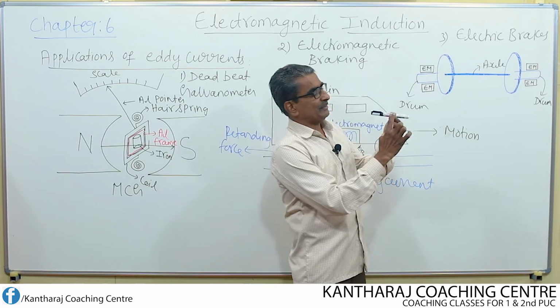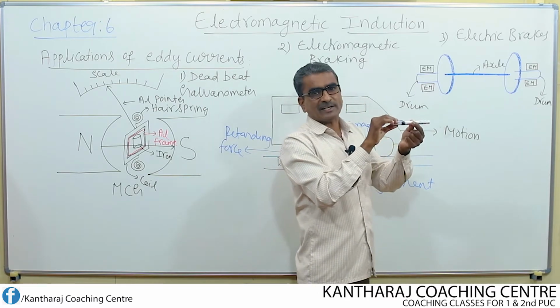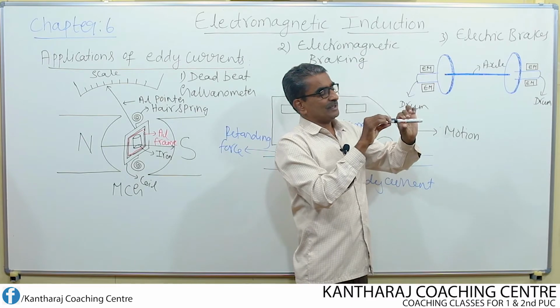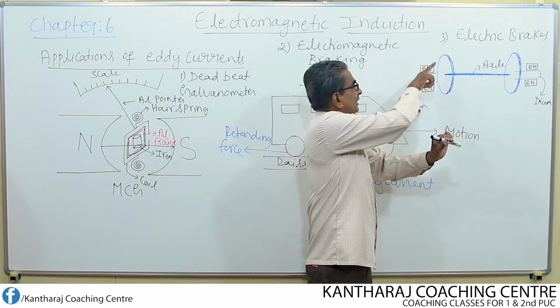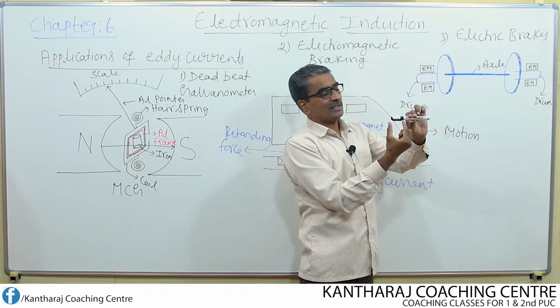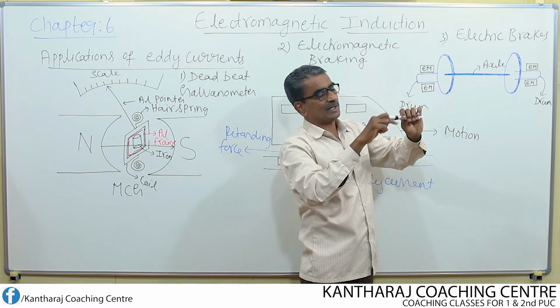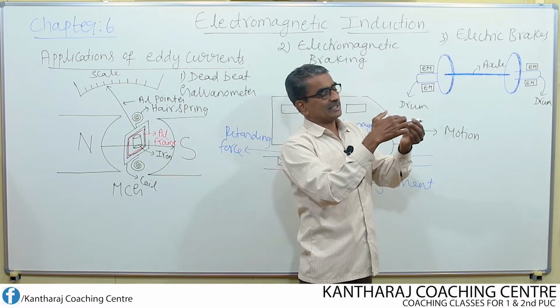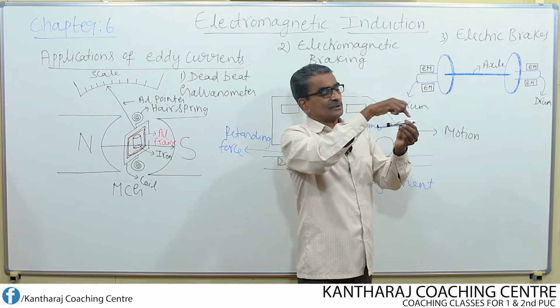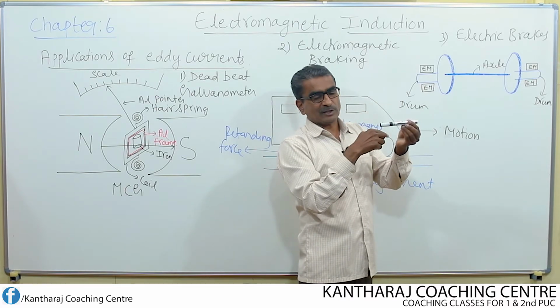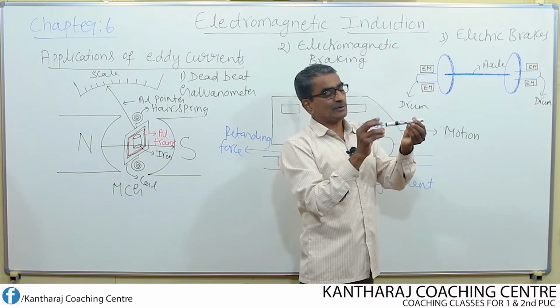Say for example, if I imagine this as a drum. Now if the axle rotates, the wheel also rotates. Along with the wheel, this drum also begins to rotate. Look here, this is the axle to which the wheel is connected. So the axle along with the wheel is rotating, which means the drum connected to the wheel is also rotating.